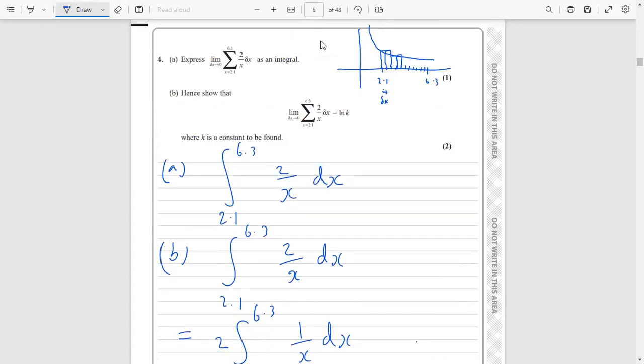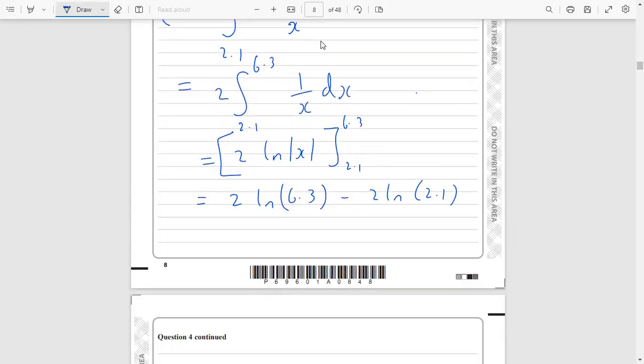But the question wants us to write it in the form ln k. So the question wants us to show that this integral equals ln k, where k is just some constant to be found. We're going to need to use our rules of logarithms to do this. We could factorize out the 2 from both those terms.